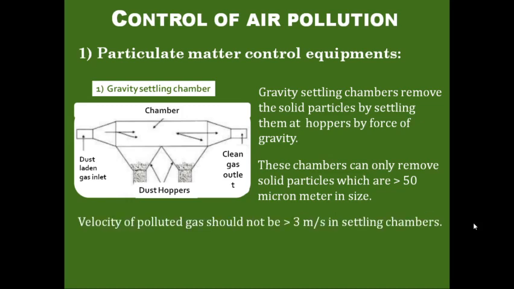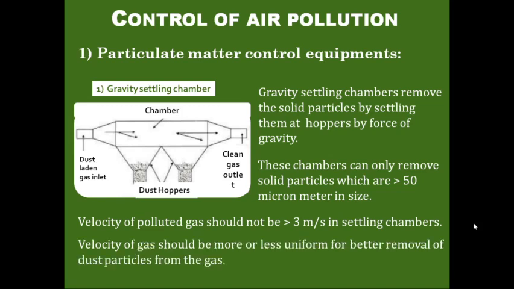The velocity of the polluted gas should not exceed 3 meter per second whenever the treatment is carried out by gravity settling chambers. Because if the velocity is high, then the polluted air will not get enough time to separate dust particles inside the chamber. So the velocity should be less than 3 meter per second.